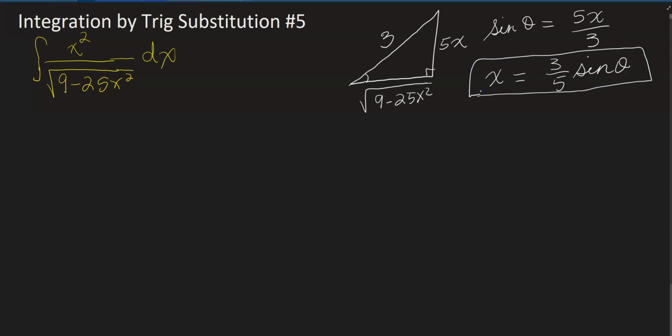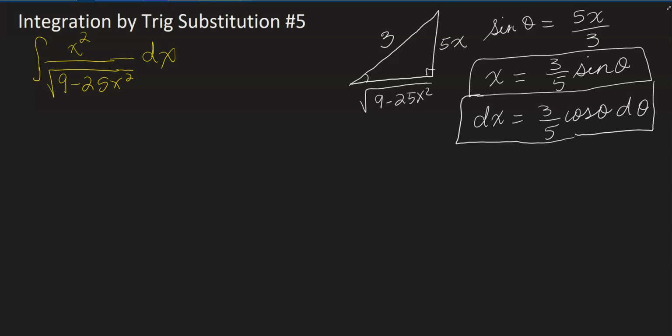Okay, now if x is 3/5 sine theta, then dx would be 3/5 cosine theta d theta. That's the dx, and we're going to need that for our substitution. And then we have the square root of 9 minus 25x squared. Which trig function is involved in that? That would be cosine of theta.